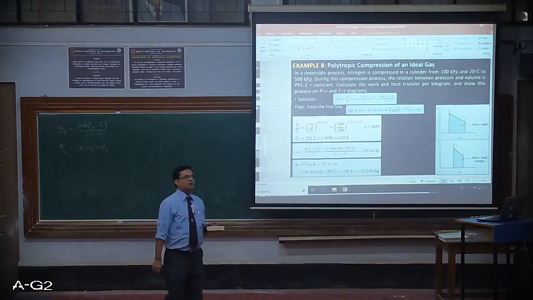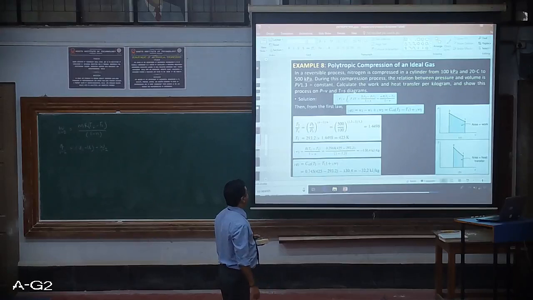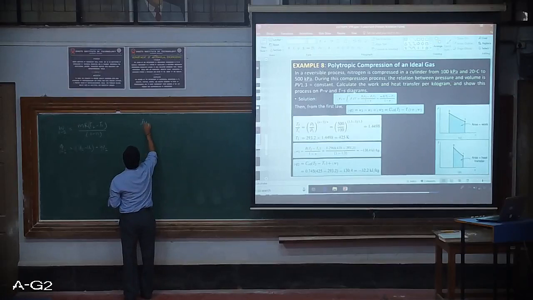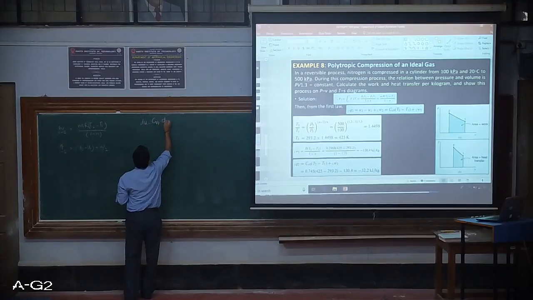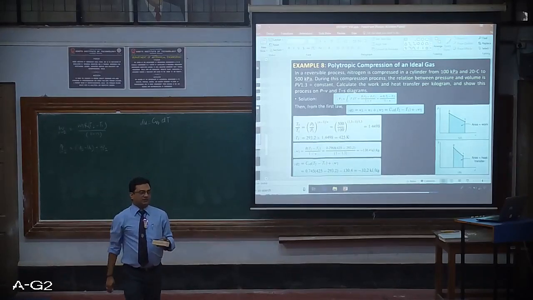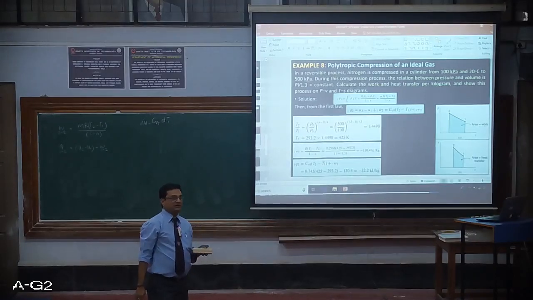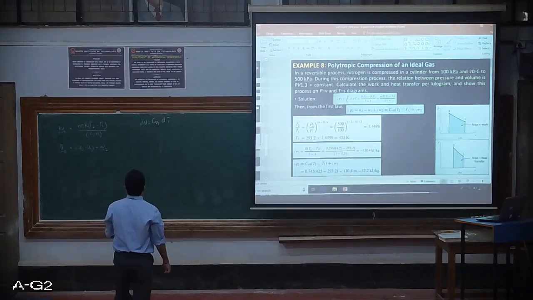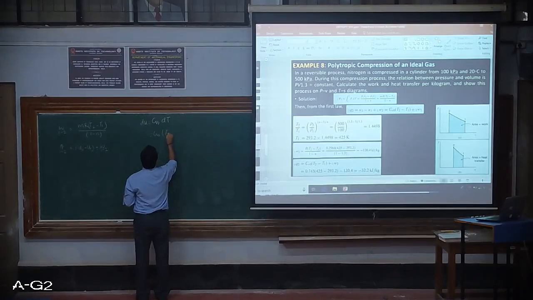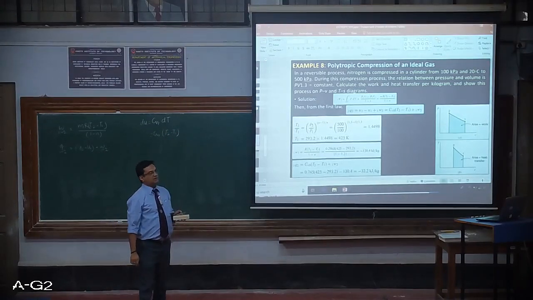Now we don't know the internal energies at initial and final conditions, but we know from the previous expression that du is equal to Cv0 dT for an ideal gas, and the changes in entropy and enthalpy are written similarly. So du is equal to Cv0 dT, which means change in temperature, the difference between initial and final, so it becomes Cv0 (T2 minus T1).